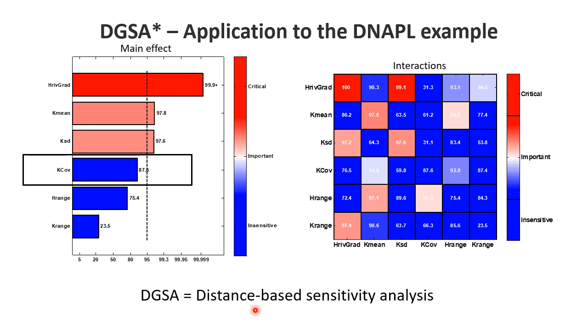The other reason why we use distance-based is because we can use the distances to classify the responses into certain classes. So that distance can be used. We can go into multidimensional scaling, and so there's a good combination between multidimensional scaling and distance-based generalized sensitivity analysis, particularly when your response functions are high dimensional.